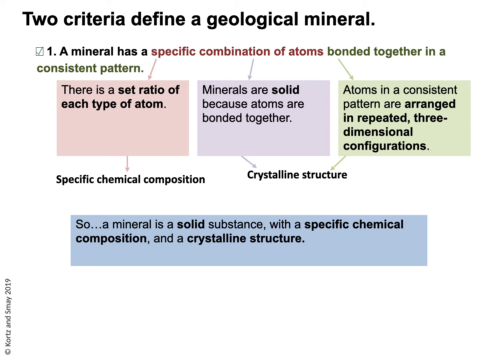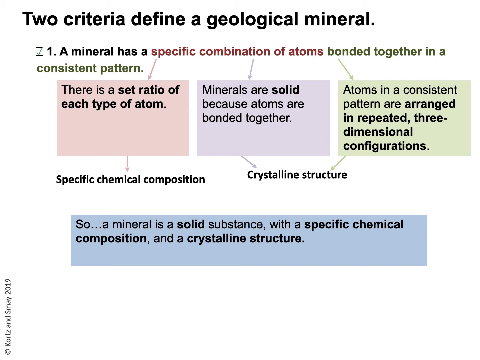When we say specific, we mean there's a set ratio. In this case, we're modifying combination of atoms with the word specific. So that means there's a specific or set ratio of each type of atom that is there. When we say combination of atoms, that is referring to the fact that minerals are solid objects because the atoms are strongly bonded together.